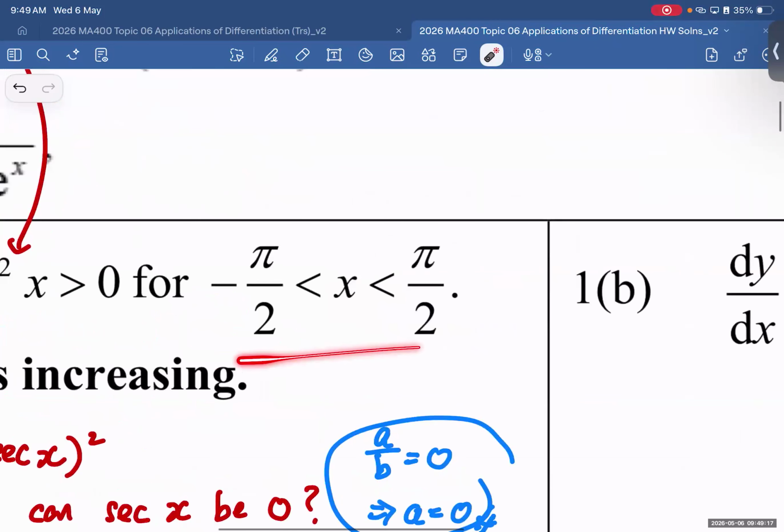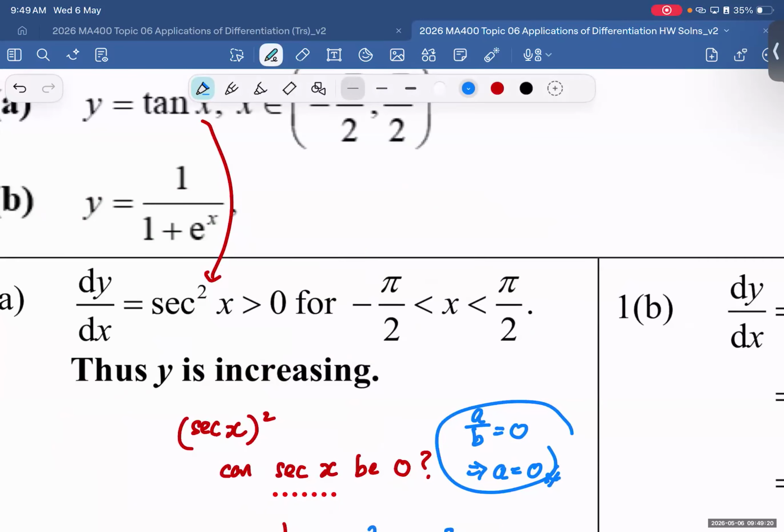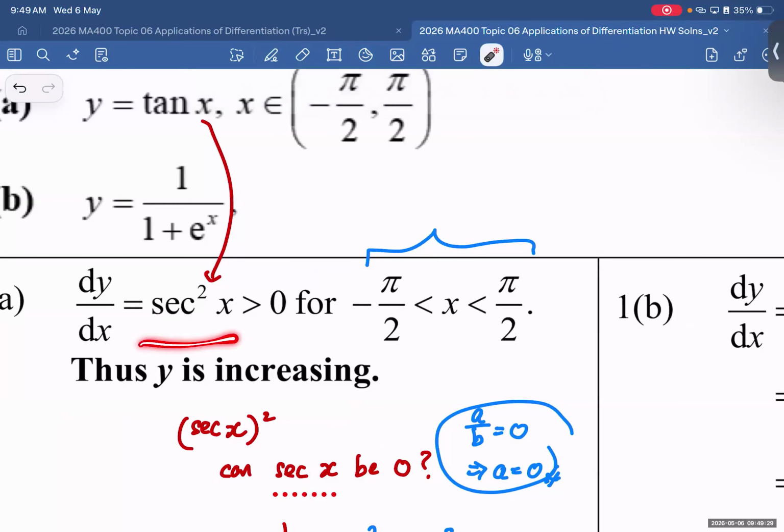Why do they have this definition for secant square? Mitra, why do they have this definition? But what about at the end points?